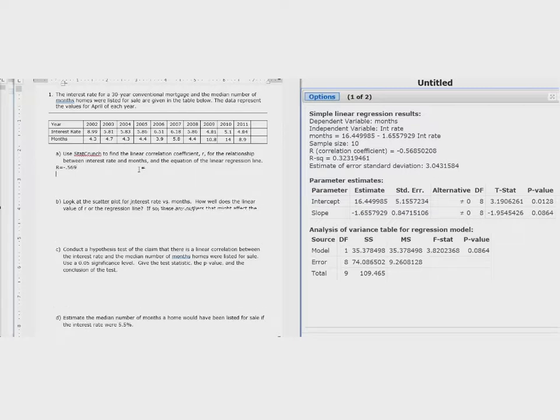And then my linear regression equation: in StatCrunch, the variable on the left is always the y, and the variable on the right is the x. They use the column headers instead of y and x. So this would be y equals 16.450 minus 1.656 times x. So there's my equation of my linear regression line.